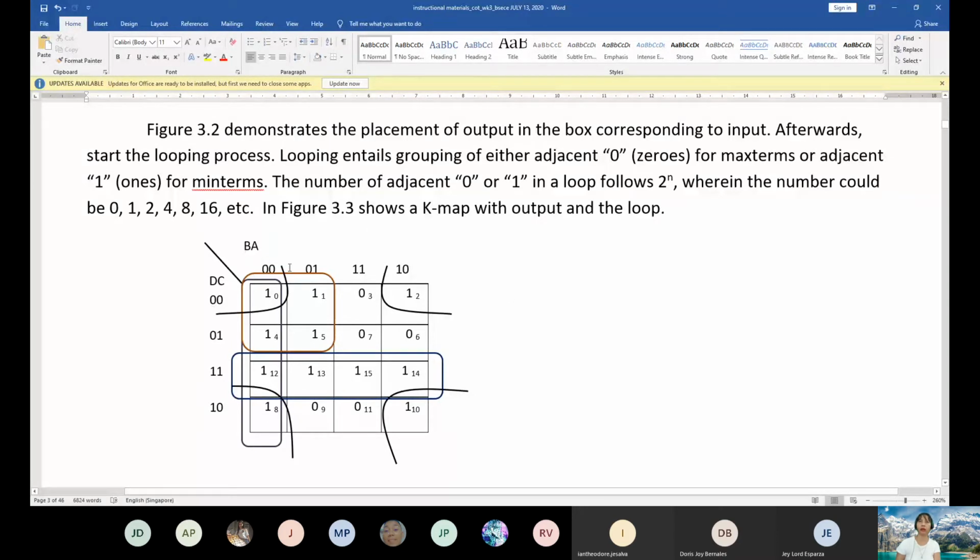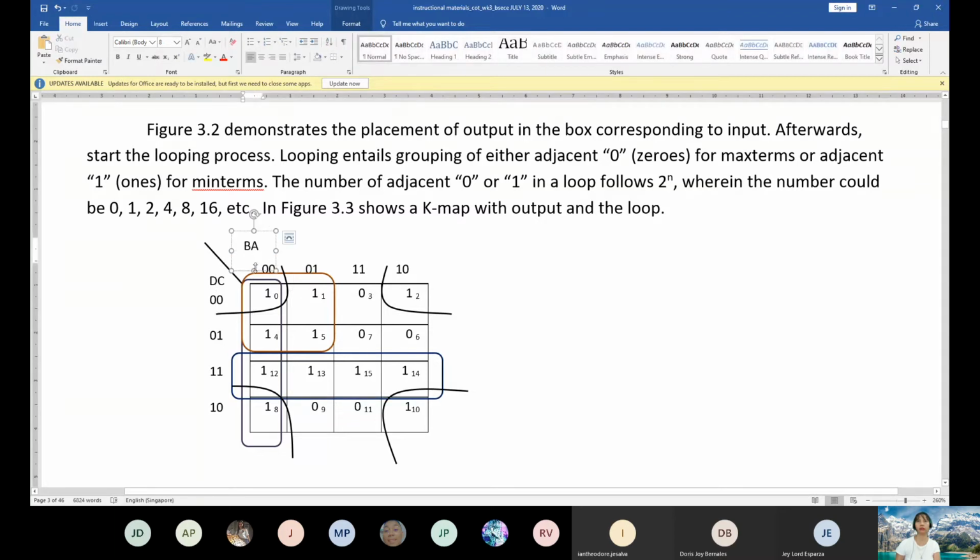How about for BA? For BA inputs, we have 0, 0, and 0, 1. Then you compare A to A. A is the first bit, so we have 0 and 1.